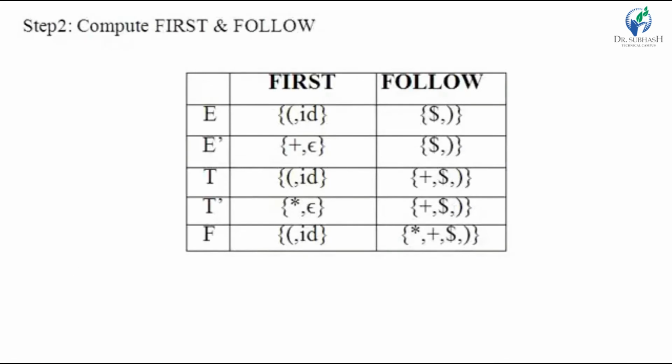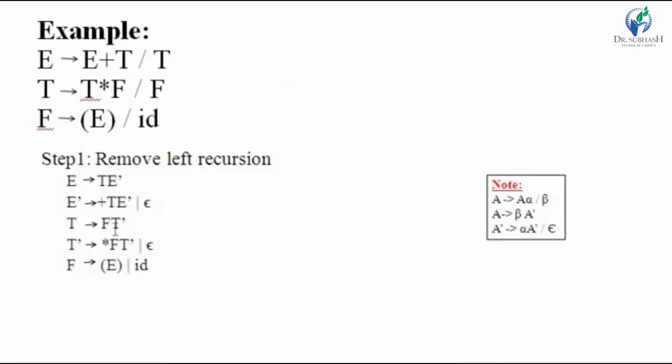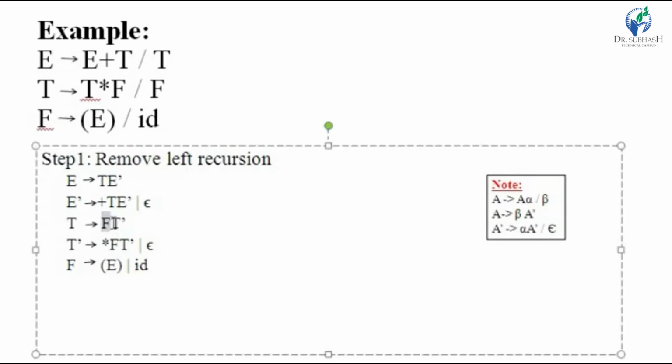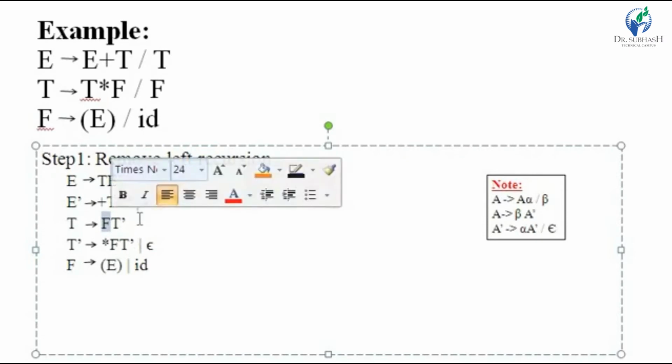Then find follow of F. At this place you can find F. So this is your B. So find first of beta. Here your beta is T dash. So what is the first of T dash? It's a star and epsilon.